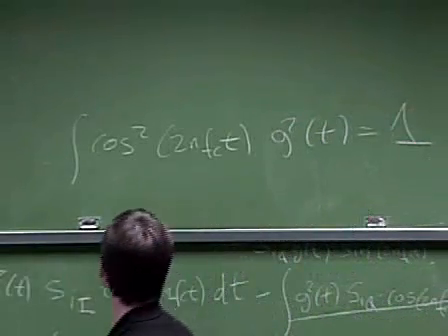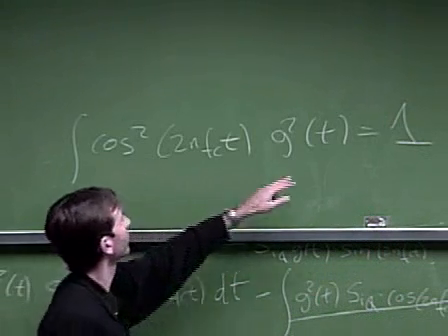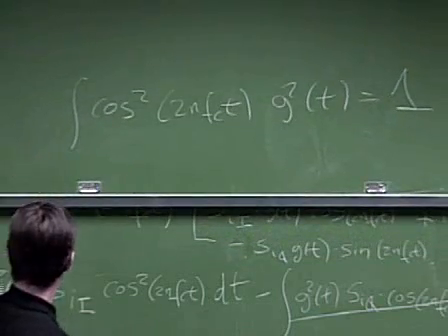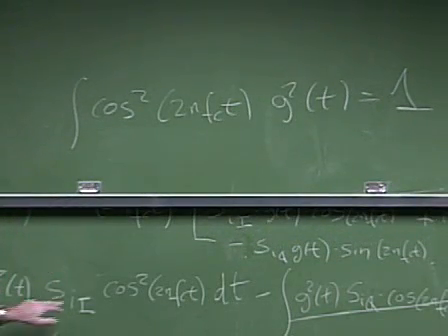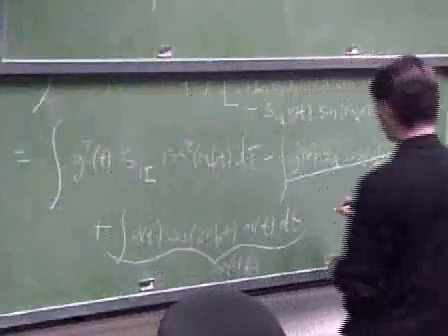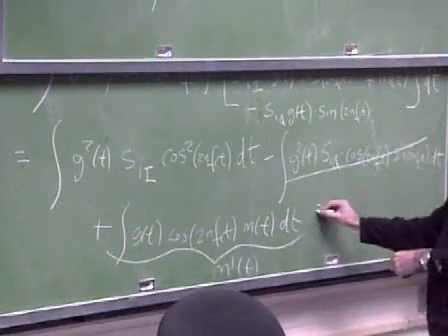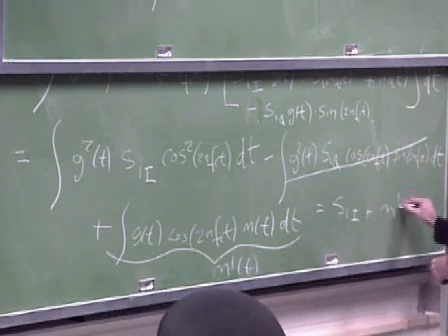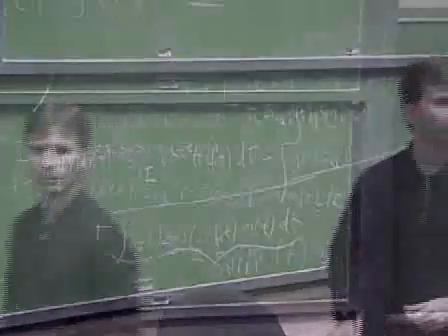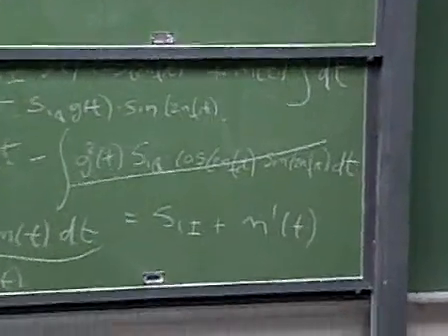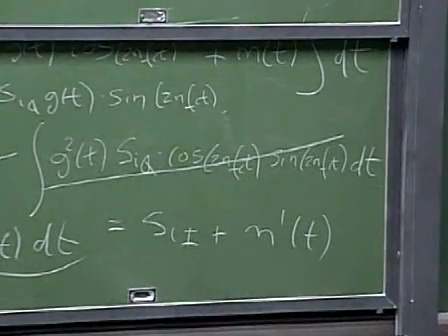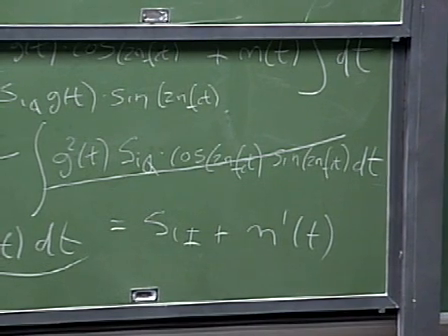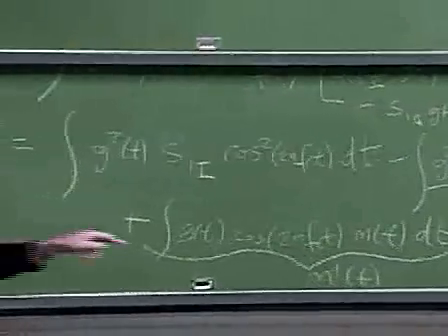Let's choose g so that this is equal to 1. And so with these two conditions on g, this integration is going to give us exactly S_I plus some noise. So we found out by imposing two conditions on g, what we have at the end of the top integration is exactly the in-phase component plus noise.